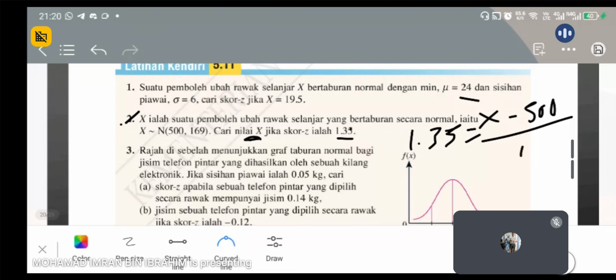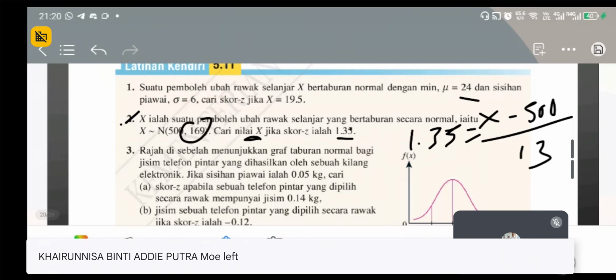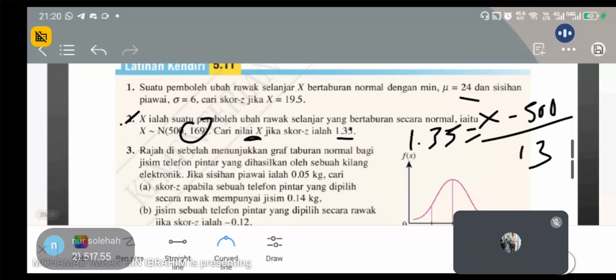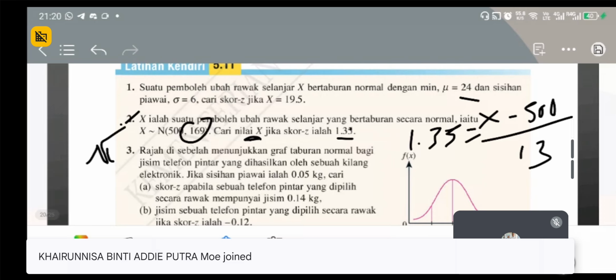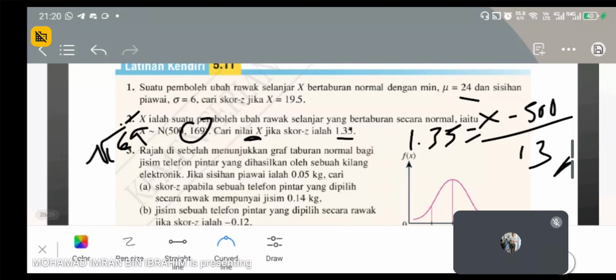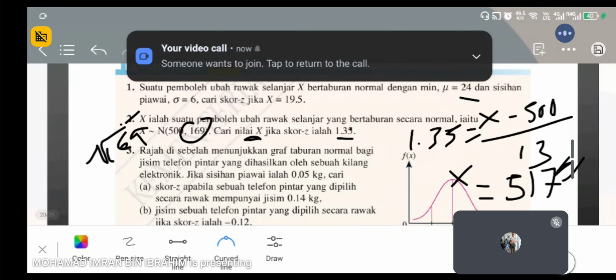Look at 13. Why 13? 169 is the variance actually. So in order to get the sisihan piawai, you just take the square root. Do that. The answer X is equal to 517.55.